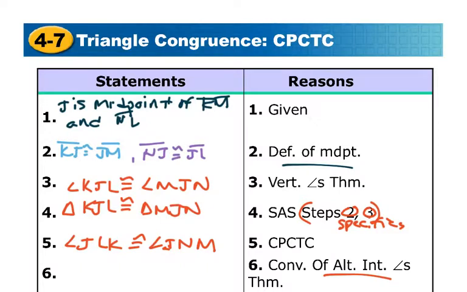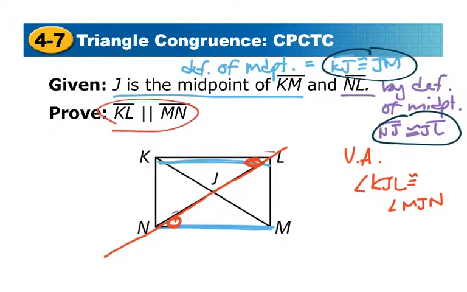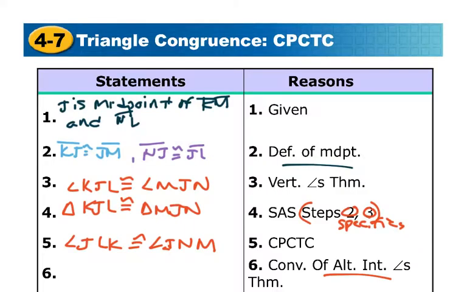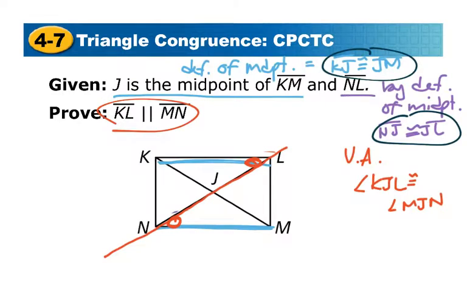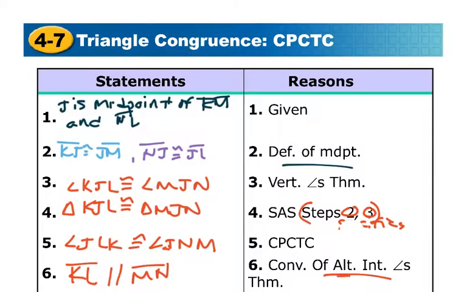And so now we get to say that those two sides, KL and MN, are parallel. And that's by the alternate interior angles, which is what we did in the previous one as well.